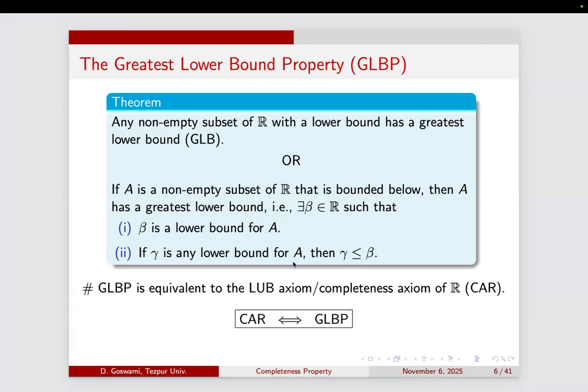And as we have mentioned, it is equivalent. It is almost straightforward to prove that if we assume the existence of supremum, the completeness axiom of R, then it is easy to prove the greatest lower bound property and vice versa. So we'll not spend time over here.